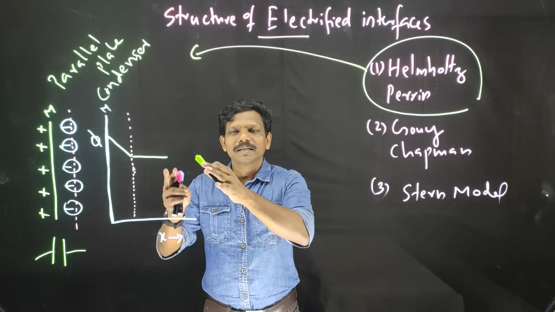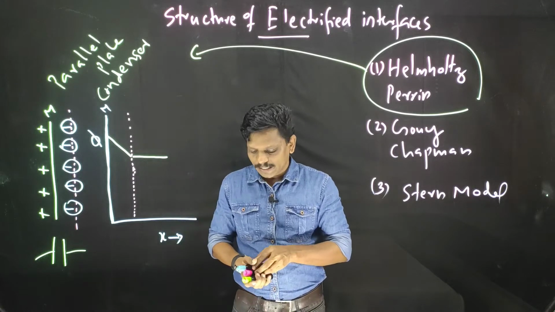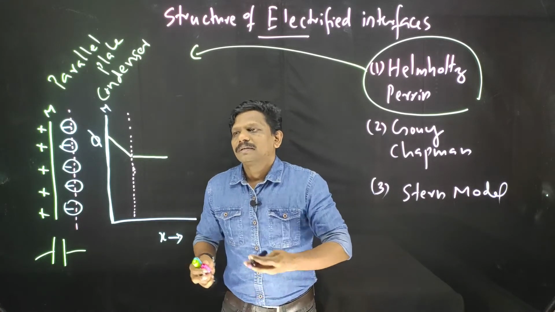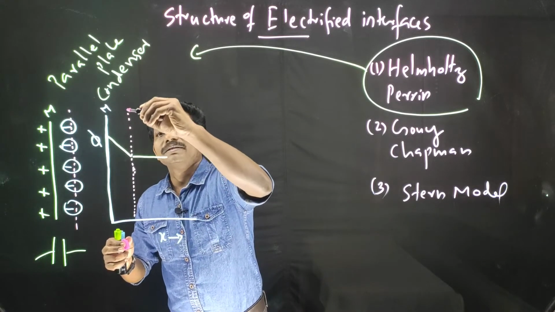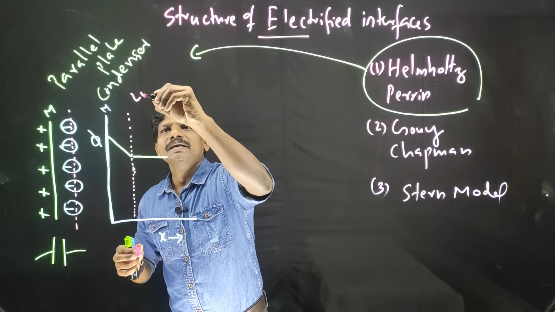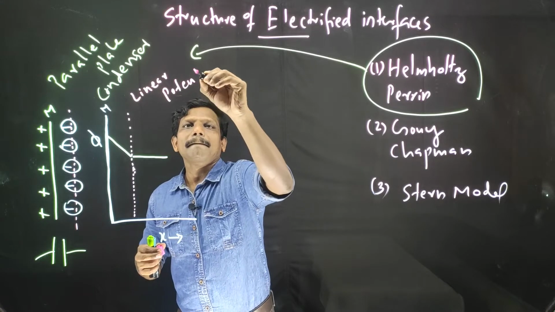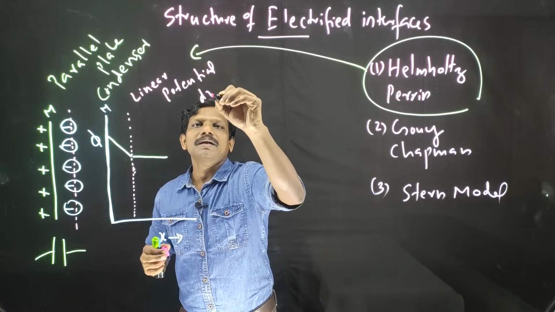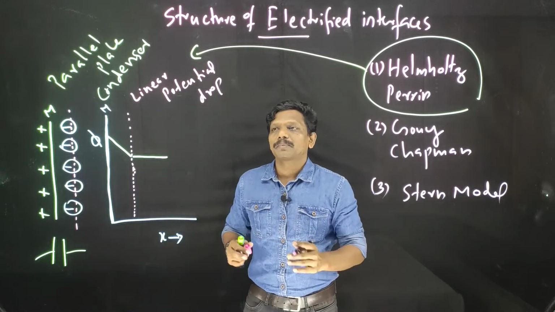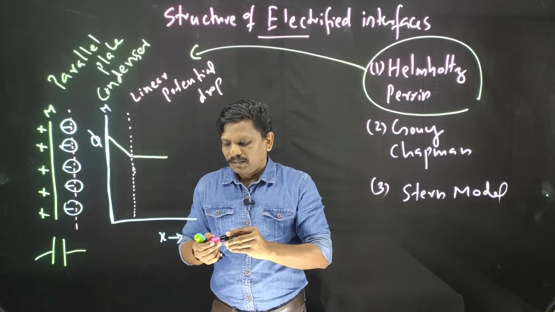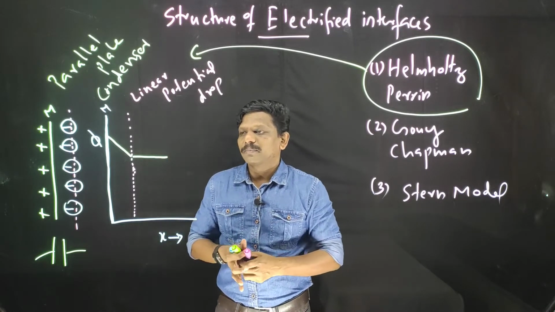Anyway, it is a linear type of variation. So this is known as a linear potential drop. This is the rigid model, that is why I am explaining like this.